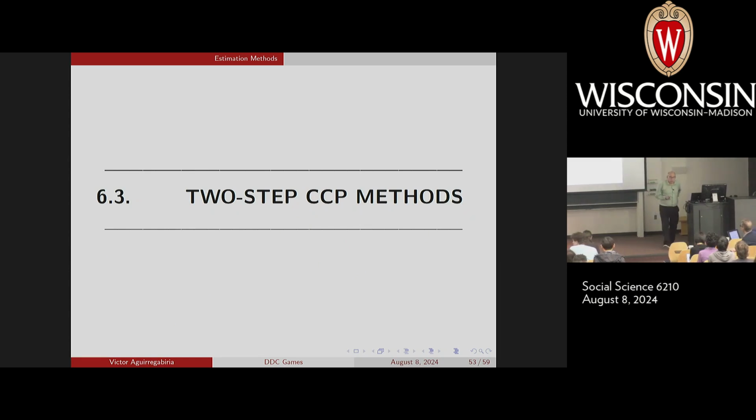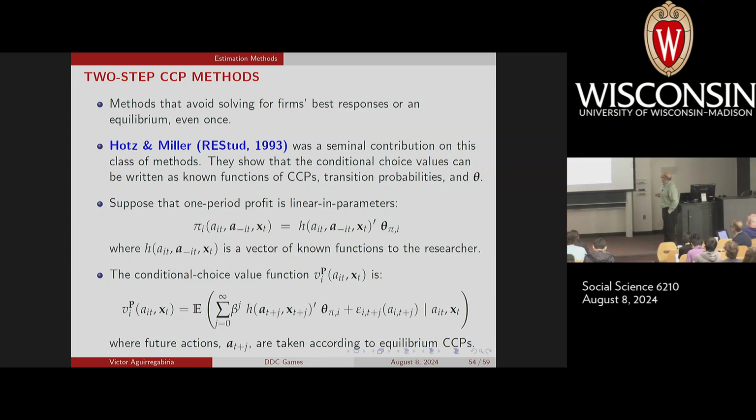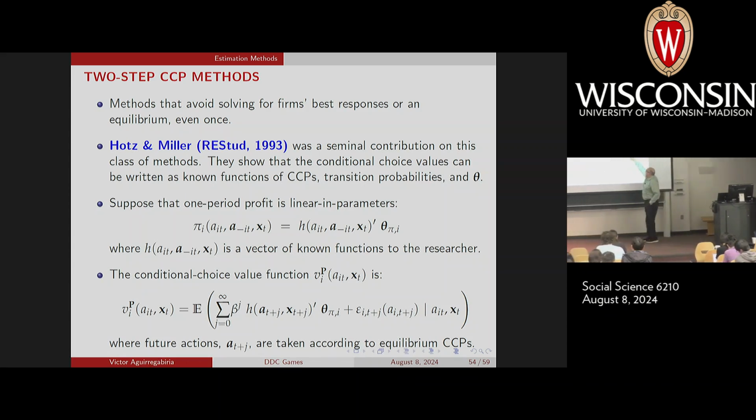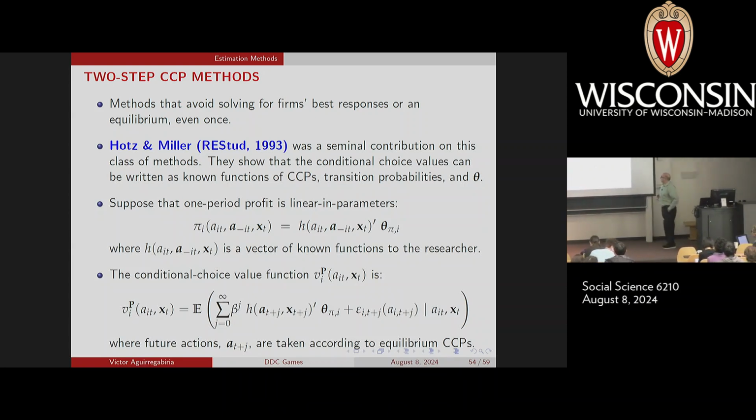Okay, two-step methods. For concreteness, let me suppose that the payoff function has this particular multiplicative structure in terms of the structural parameters.